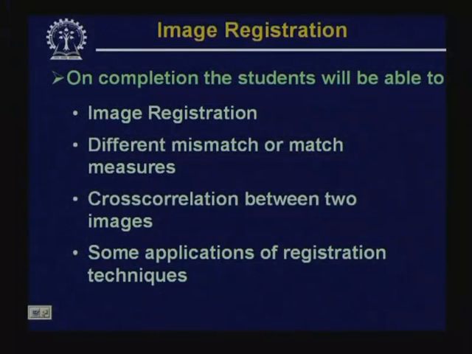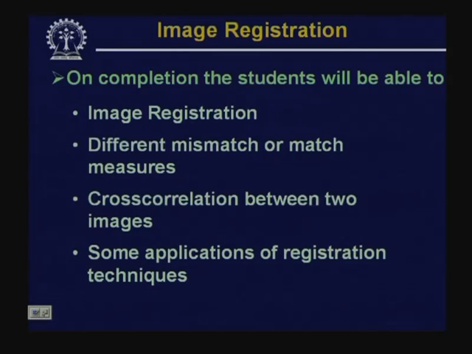So, in today's lecture, we will talk about the image registration techniques. We will see what image registration is. Then when we go for image registration, we have to think of the mismatch or match measures. So, we will talk about the different mismatch or match measures, or similarity measures.